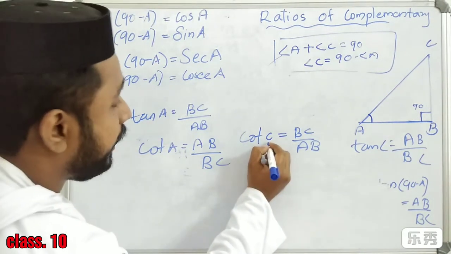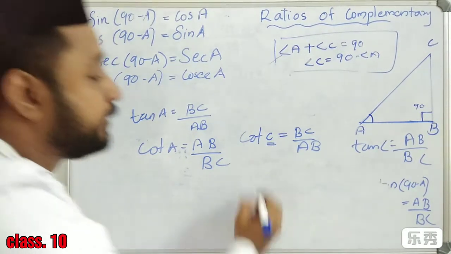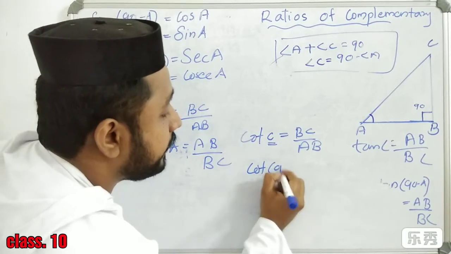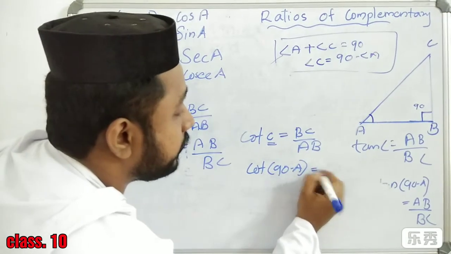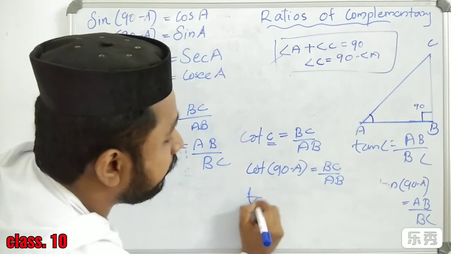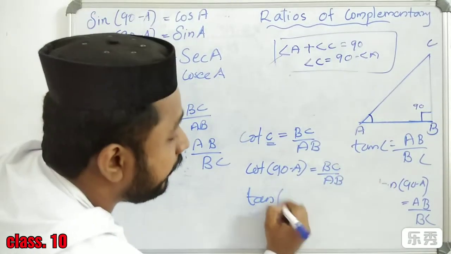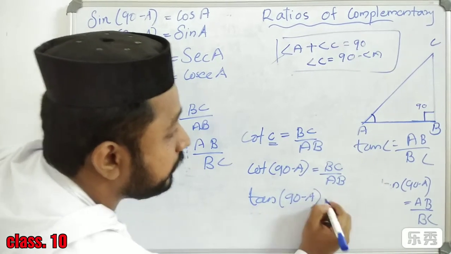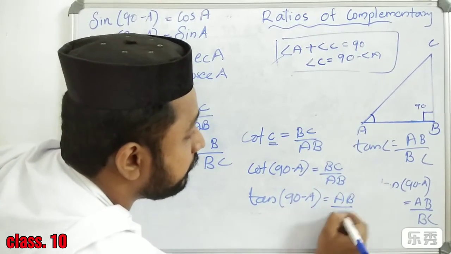So let us check. Instead of this C, I am going to give 90 minus A. That is cot 90 minus A, which is equal to BC by AB. And tan 90 minus A is equal to AB by BC.